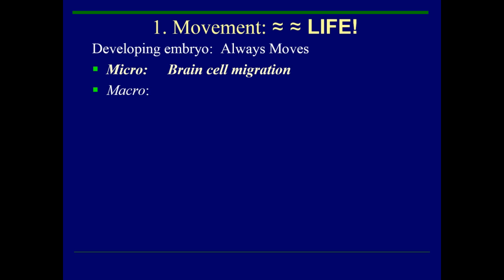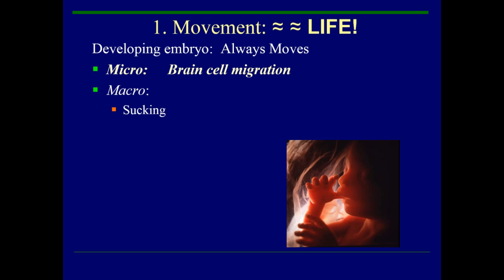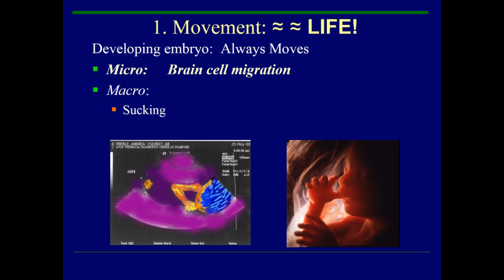At the macro level, prior to birth, the growing fetus already has a rich repertoire of movements, which are not only options but in fact are necessities. For example, this includes sucking, whether from the side view or the top view. It may also involve yawning or the kicking behavior.